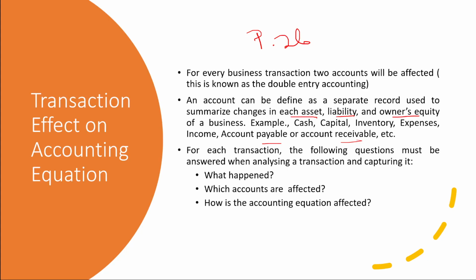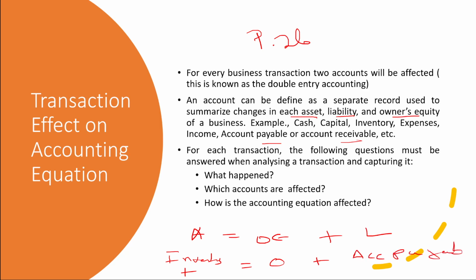So this means that if we were to put the equation down, assets equals, I'm going to write it in this way, owner's equity plus liability. So here we're going to have inventory, and it's going to be a plus, equaling owner's equity, so here's going to be a 0, plus here we're going to have our accounts payable, and then it's going to say a plus.